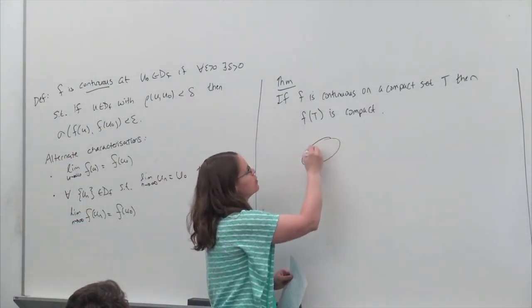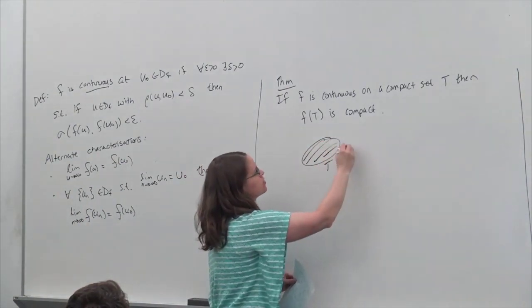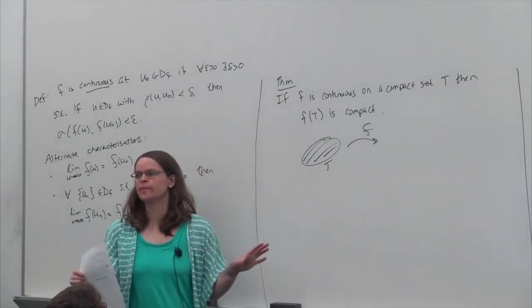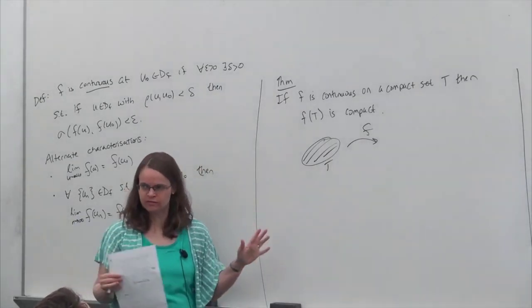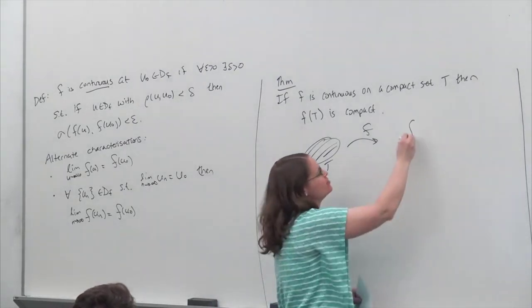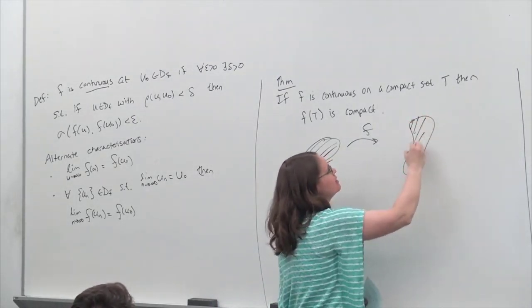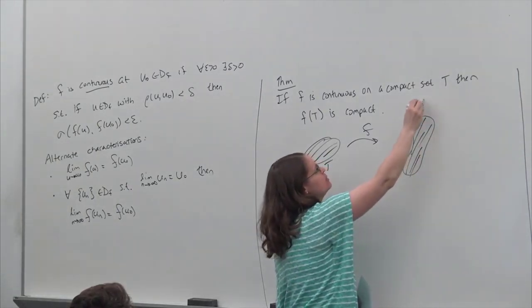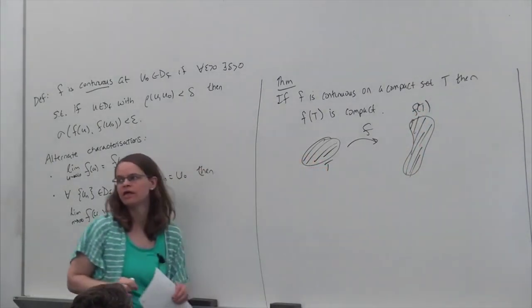All right, so start with T. T is compact. I mean, our intuition is compact means closed and bounded, which we know is not true necessarily, but I'm going to draw it that way for ease of drawing. Okay, then it means that this image set is also compact.